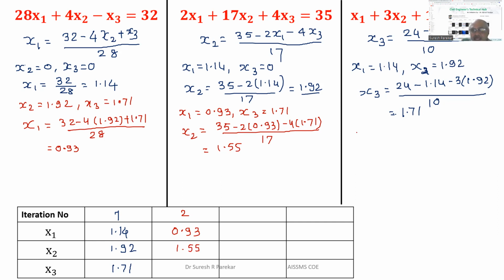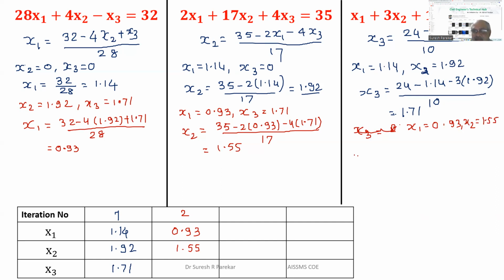If you see some mistake in this, some correction, please convey it to me. Now we have x1 and x2 to consider. x1 we have 0.93, x2 we have 1.55.